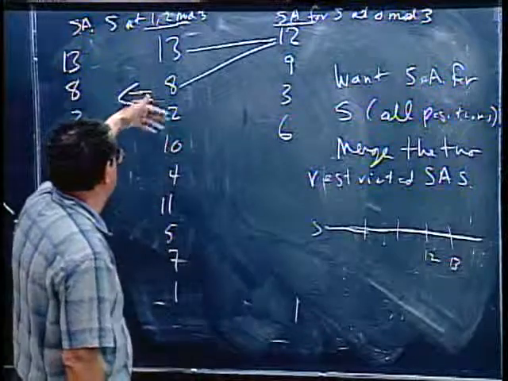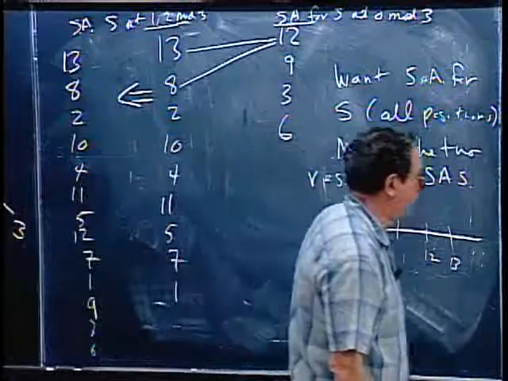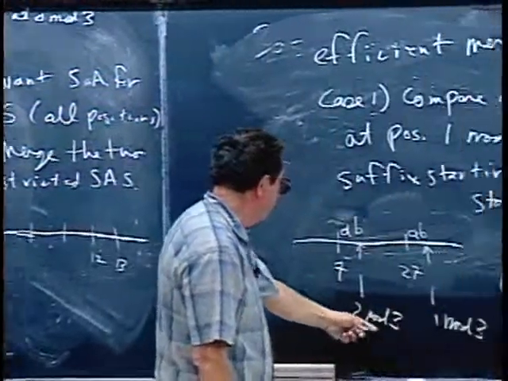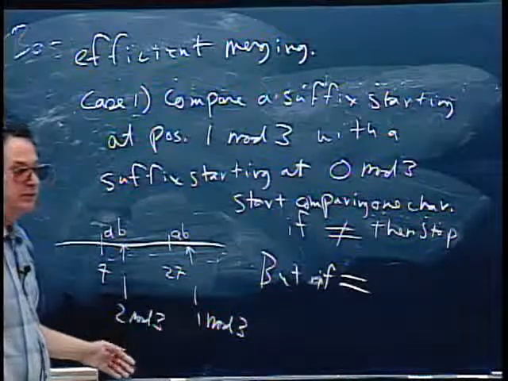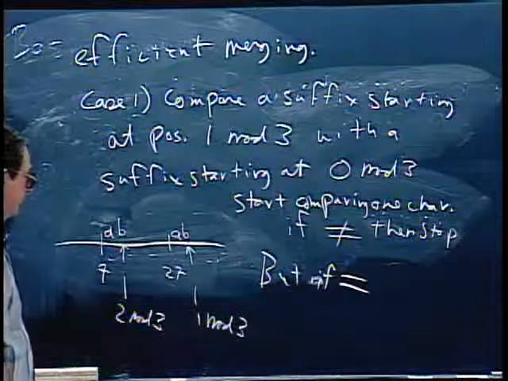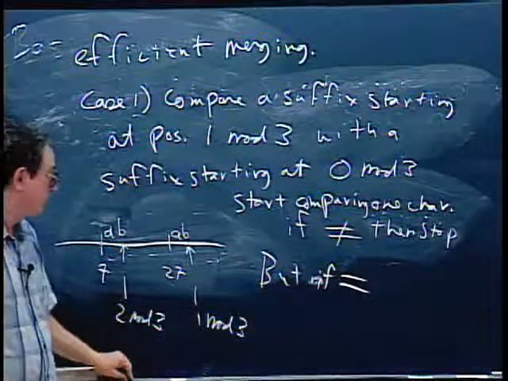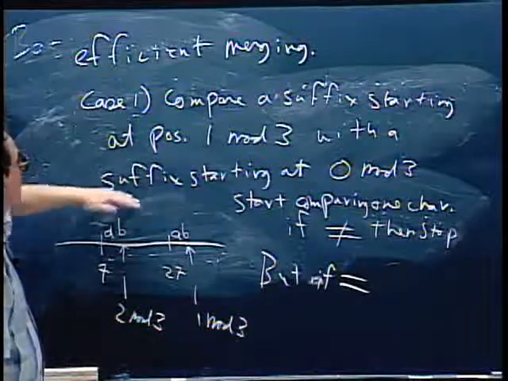You need the right data structure that can look into here and find out which one is before the other one. But this position is 2 mod 3, and this position is 1 mod 3, and we already know how those two suffixes compare, which is lexicographically smaller. It's in the restricted suffix array, so you just look that up. So this is just constant time to do this comparison.